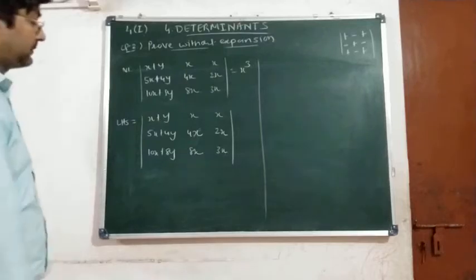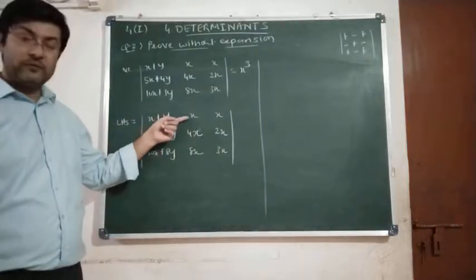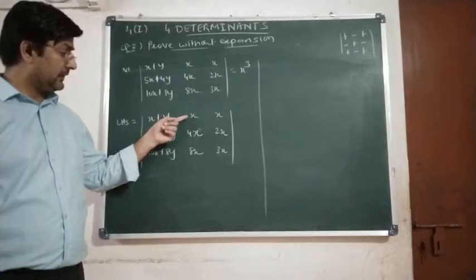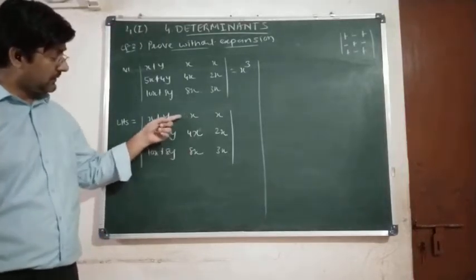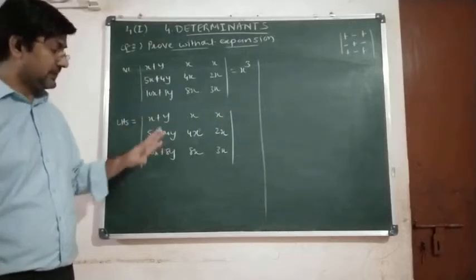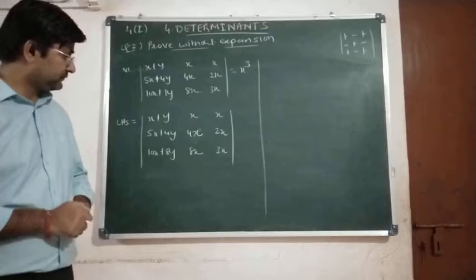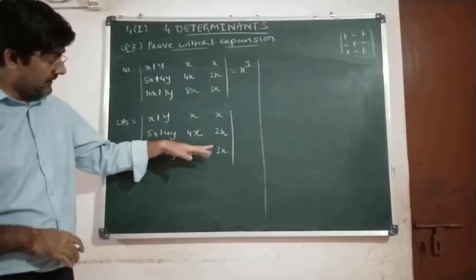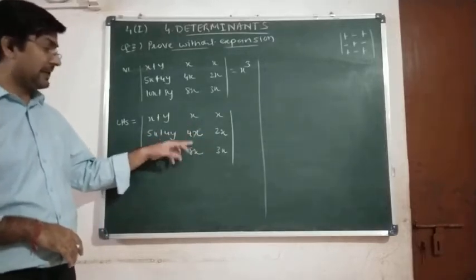So we can multiply the first row with 8 and subtract. Otherwise, we can multiply the first row with 3 and subtract. Or we can do one more thing: we can subtract directly, third row minus second row and second row minus first row.